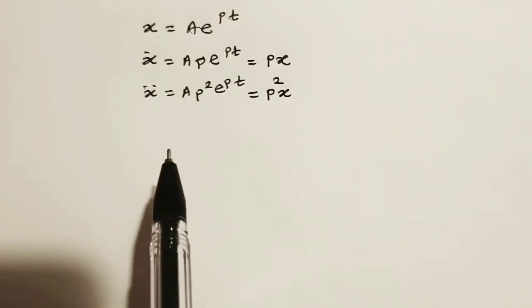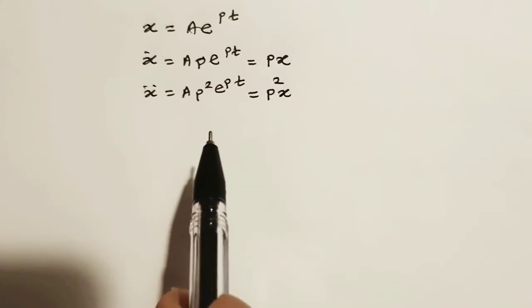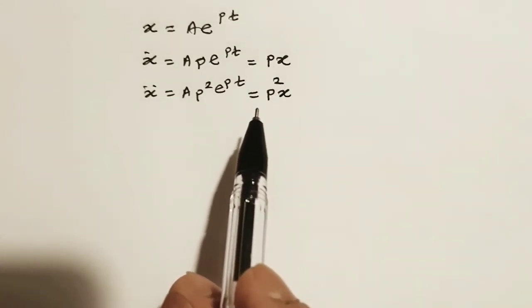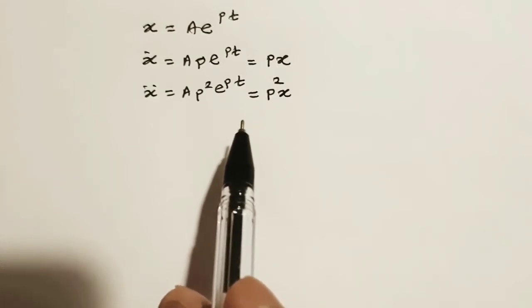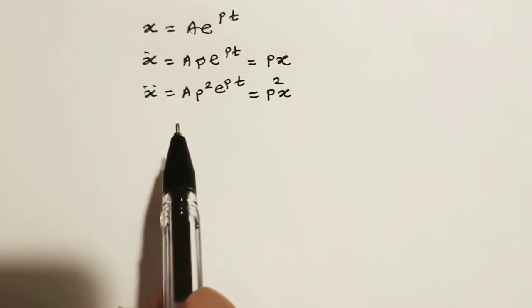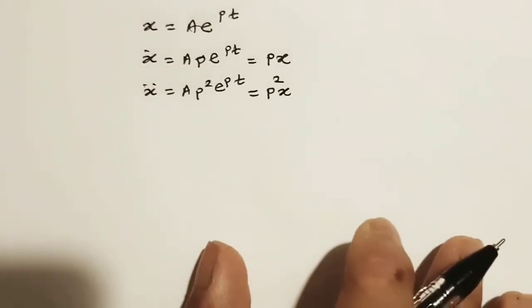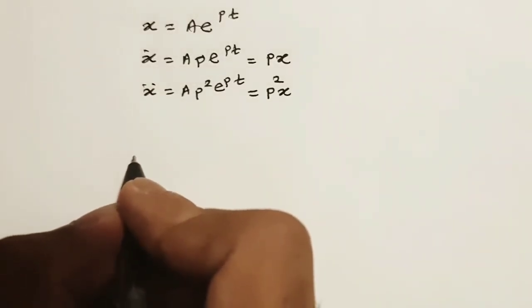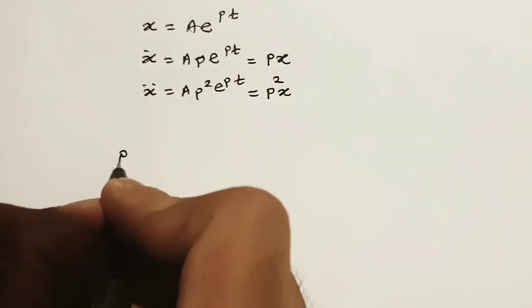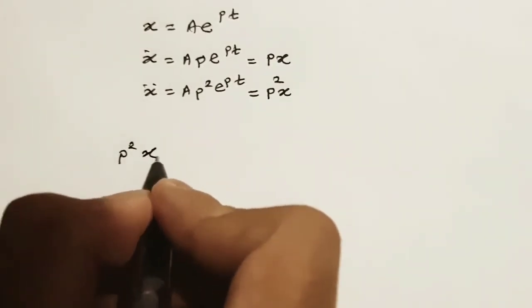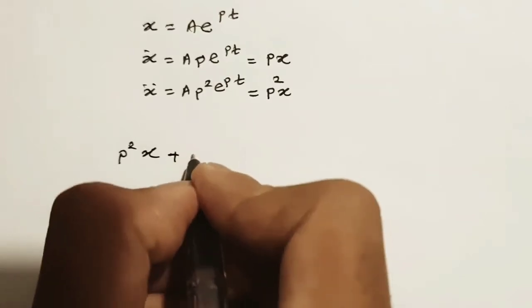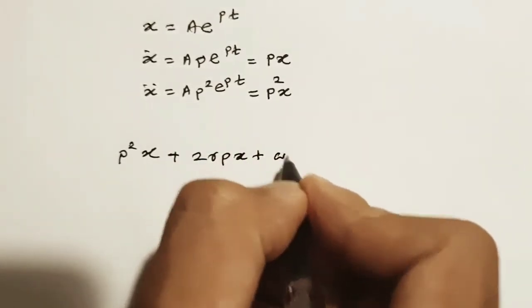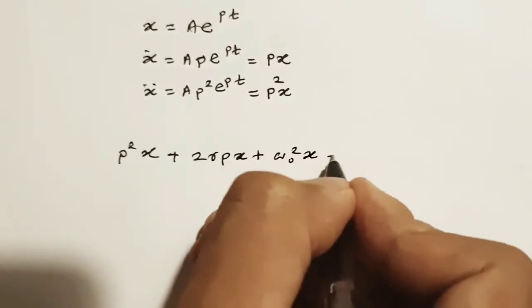Now the x dot and x double dot terms could be simplified as shown here. We'll apply these solutions into the equation we obtained before. So the equation will be further simplified down to p squared x plus 2 gamma p x plus omega naught squared x, which is equal to 0.